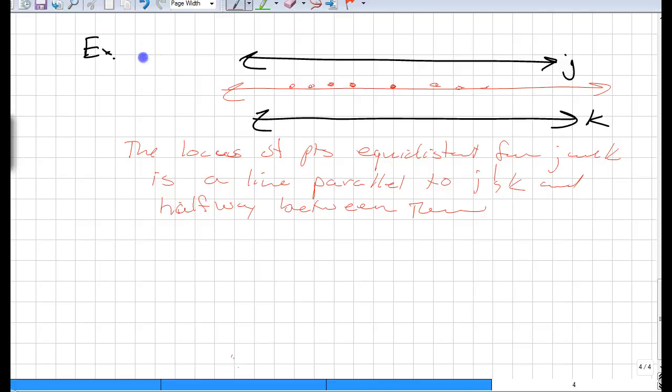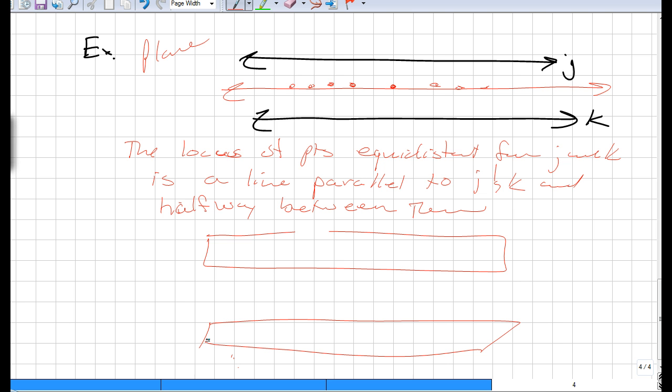So that's in a plane, but what if I said, what is the locus of points equidistant from parallel planes? If I have this plane and this plane, now I'm talking about space, and what's going to be equidistant from those two planes is another plane, again, halfway between and parallel to.